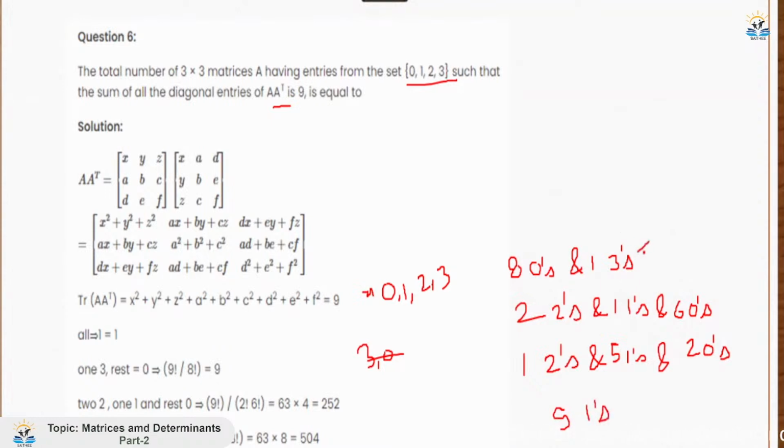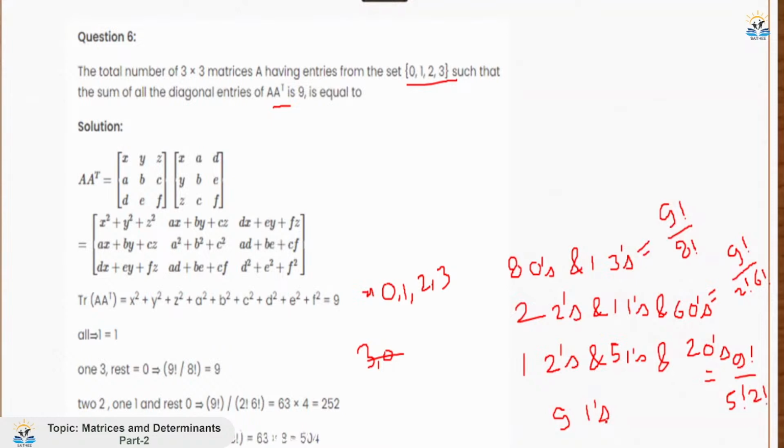Now you can arrange these 4 cases in the same way. 9 factorial upon 8 factorial. In this case, it would be 9 factorial upon 2 factorial, 6 factorial. Those which are repeated, you need to divide them. Again here 9 factorial upon 5 factorial, 2 factorial.